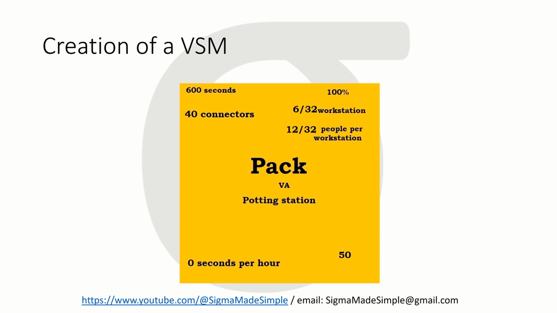In the lower left, you can calculate any planned downtime or changeover time in seconds per hour. Now, this is nothing like lunch or changeover. This is like maybe this particular workstation shuts down for 5 minutes an hour to do some kind of settling.